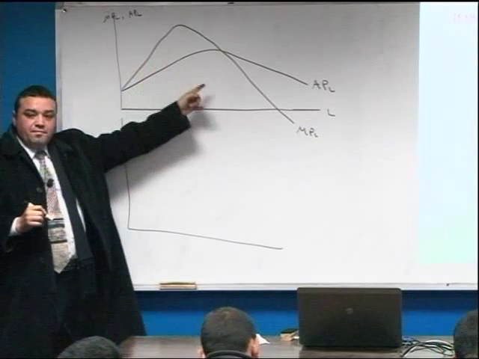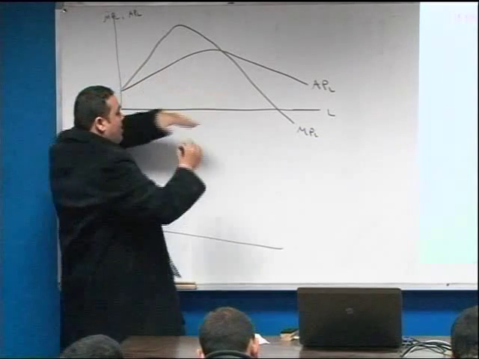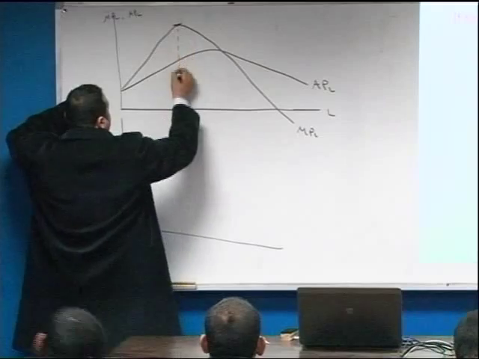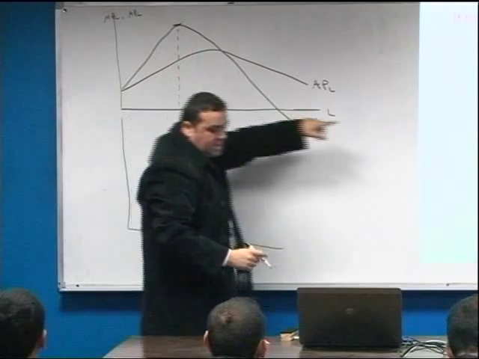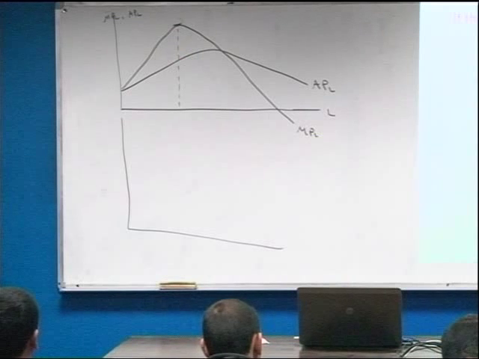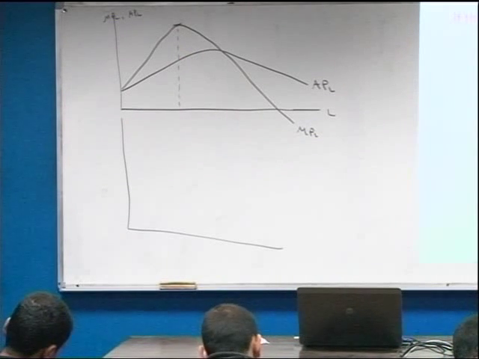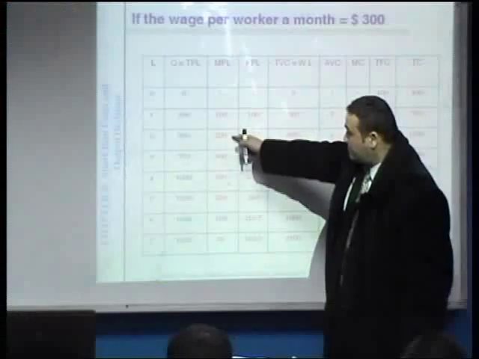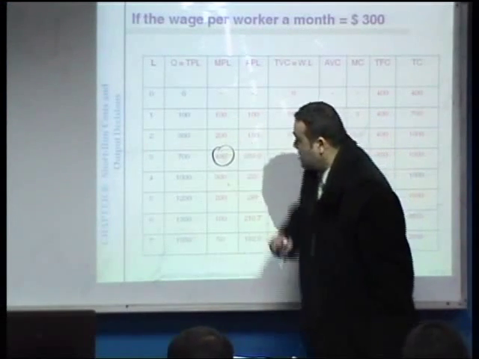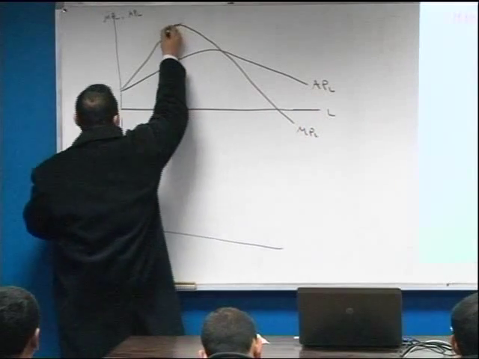At this curve, where is the highest value of MPL? Let's come back to the table. Where is the highest value of the marginal production of labor, MPL? 400, yes. So MPL is 400.